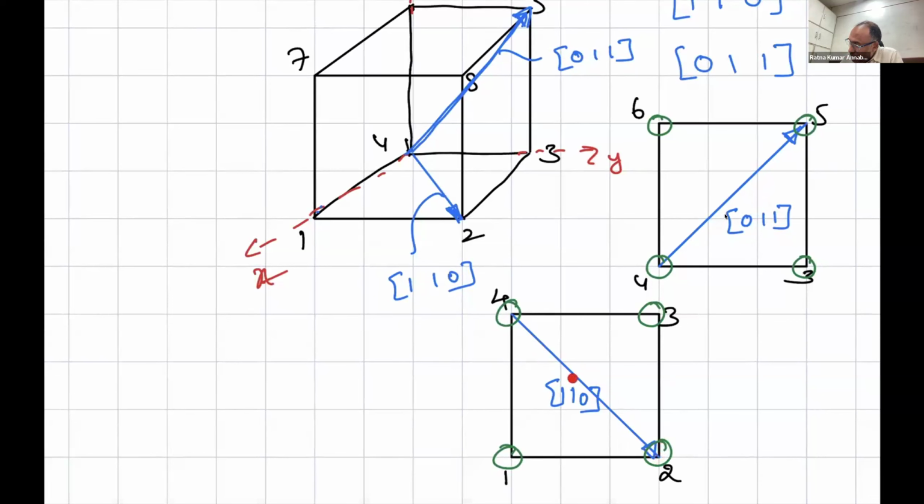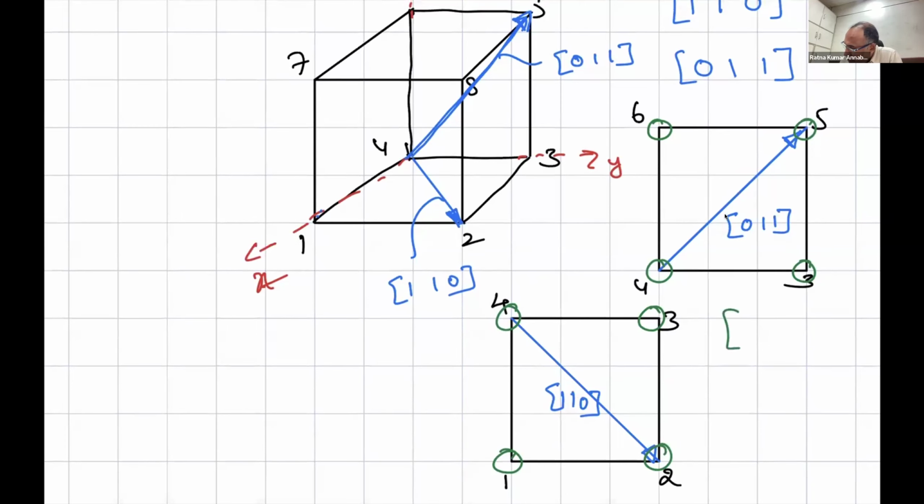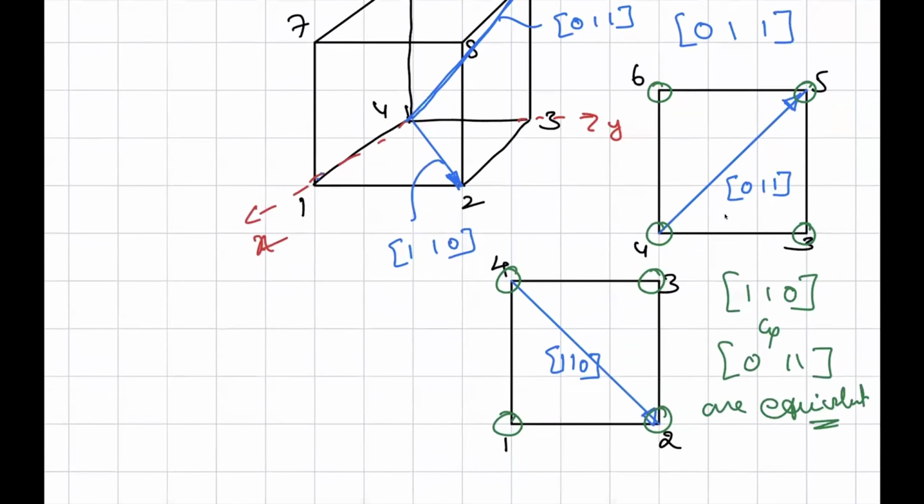While you are moving, you will see your neighbor exactly at the same distance to your left and to your right. That is why these two directions are called equivalent. Is that clear? Understood, sir.